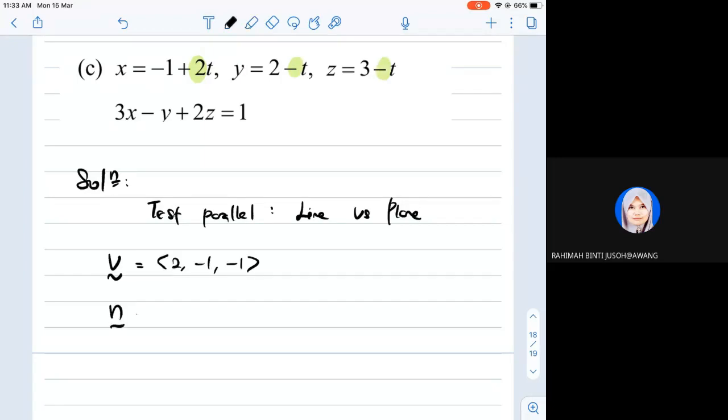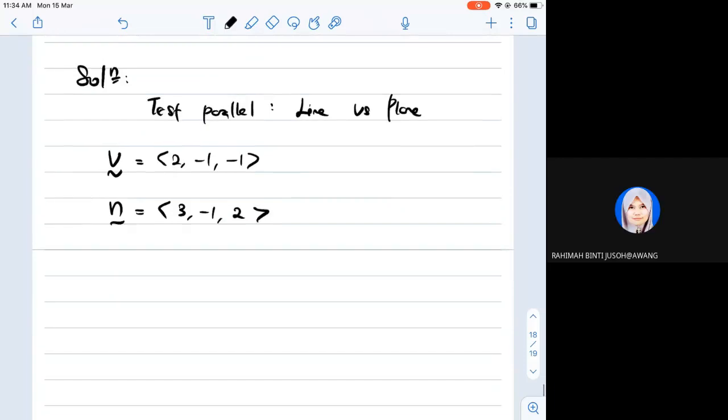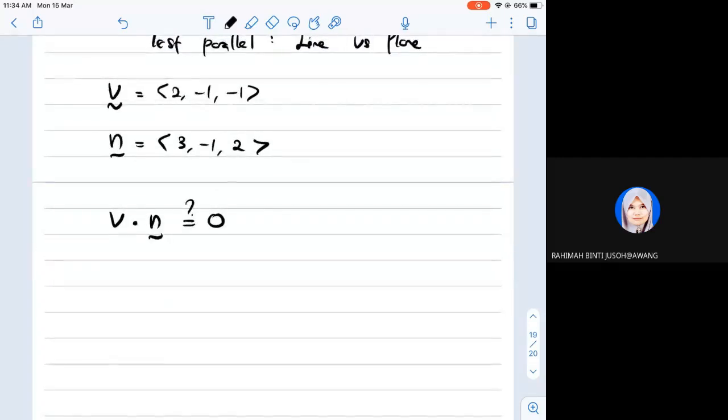How about the normal vector? 3, -1 and 2. Okay, so now nak test parallel, you kena test V dot N sama tak dengan kosong. So dot product. Okay, ini adalah dot product lah. So dot product, dia tak ada IJK dah lah. Dia tak ada vector dah.